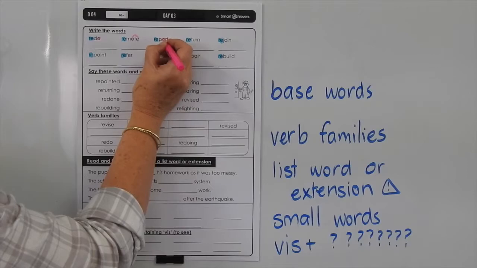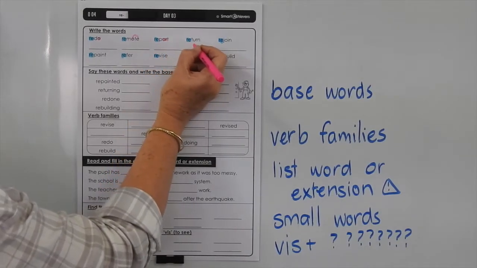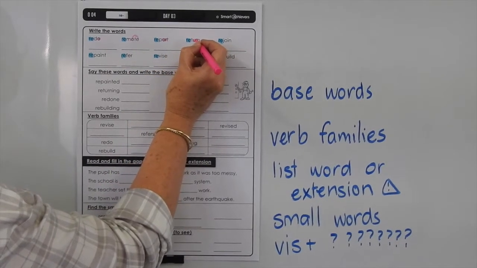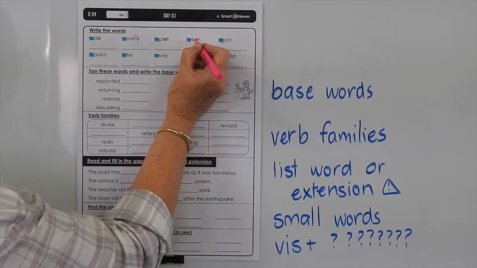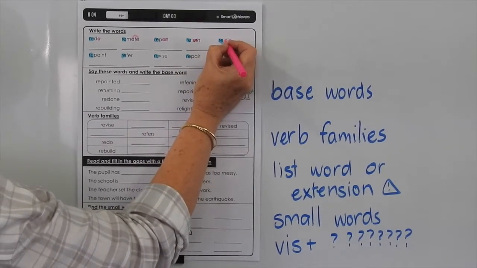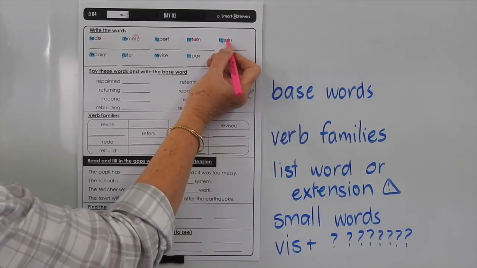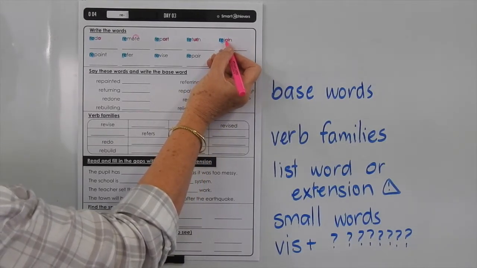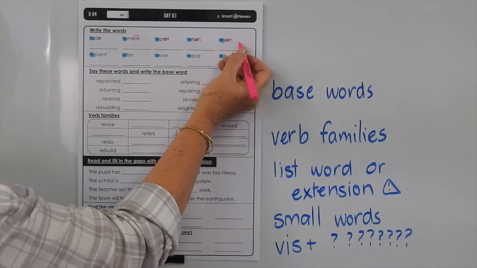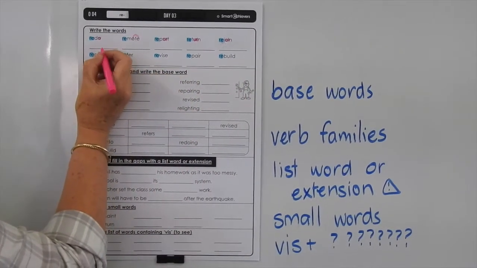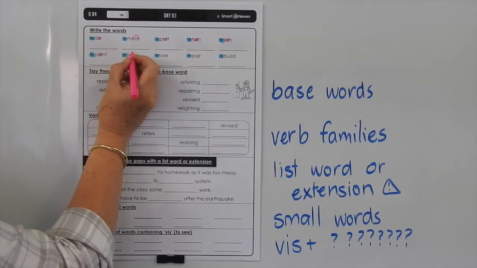In report, you've got the OR making the R controlled vowel. The UR making the R controlled vowel. In rejoin, you've got the oi sound with the OI. We use OI in the middle of words usually, and OY generally at the end of a word or a syllable. Repaint, we're using the AI for the long A sound in the middle of this word.